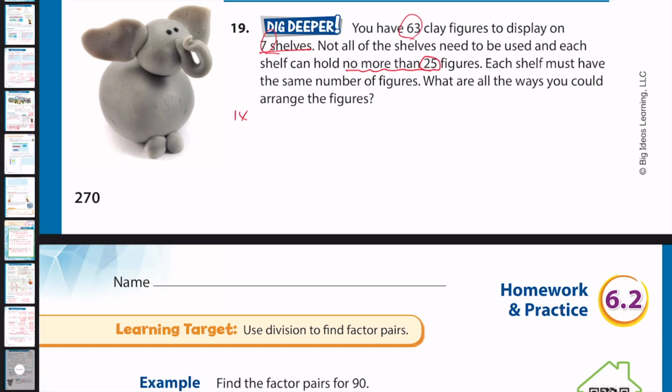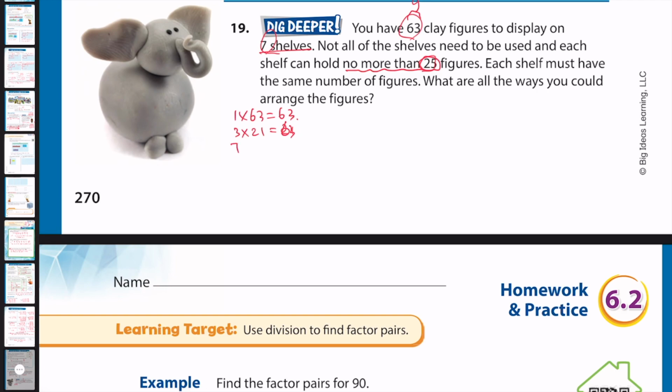So we are going to display different ways. 1 times 63, but this is more than 25, so we can't use this one. What about 2? Can't be. When you add the digits together, it's going to be 9, which means this is divisible by 3 and 9. So 3 times what? 3 fits into 6 twice and into 3 once, so 3 times 21 is 63. What about 4? No, it can't. 5? No. 6? No, this is an odd number. And 7?